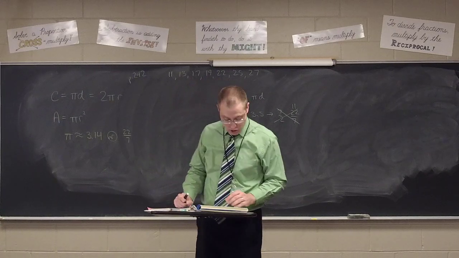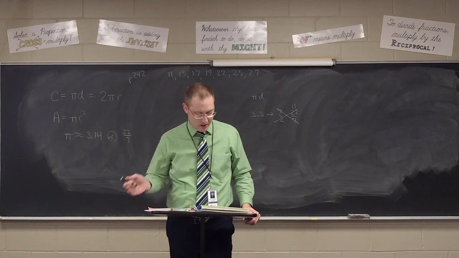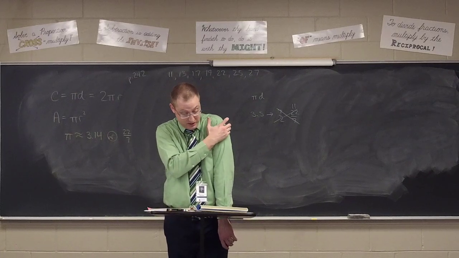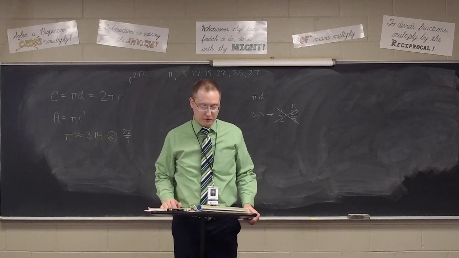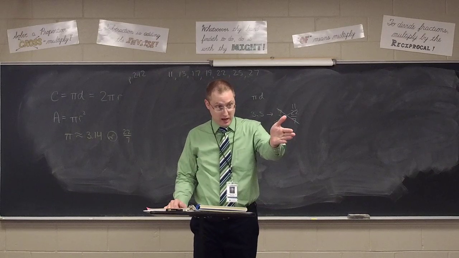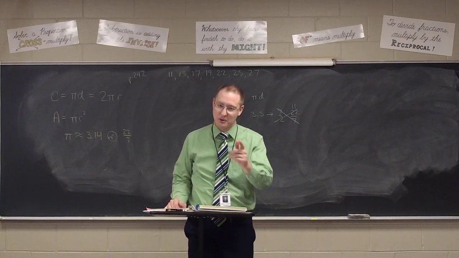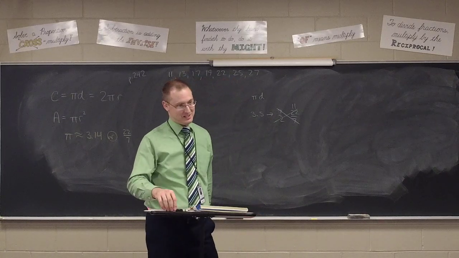Number 22, you were supposed to find first the circumference, then the area, and they look a lot alike. What'd you get for the circumference, Scott? 1.256 meters. Good, 1.256 meters, and for the area you had? 1.256 meters. No. I got 0.1256. 0.1256 meters squared.